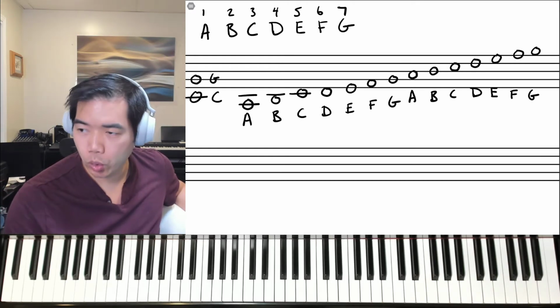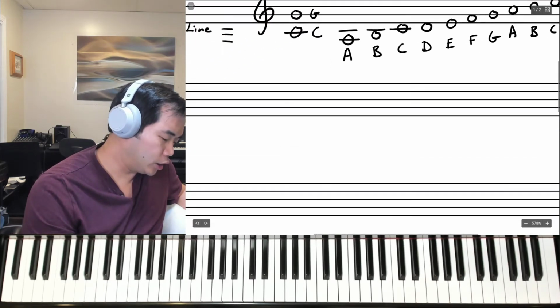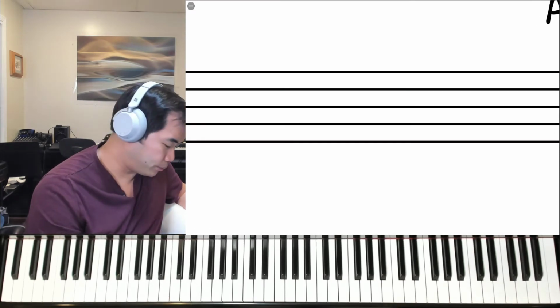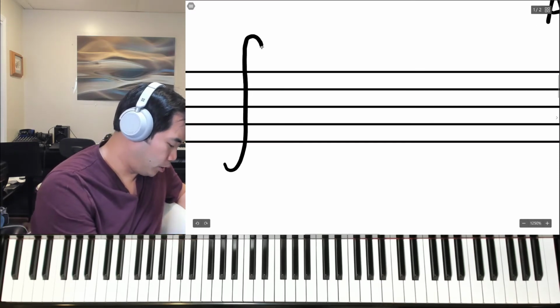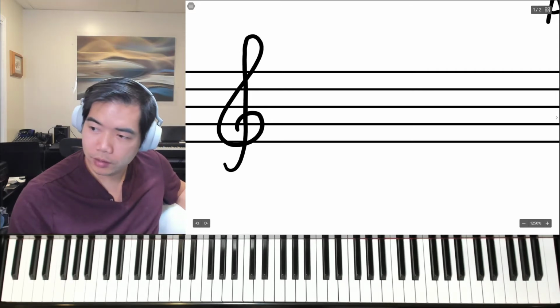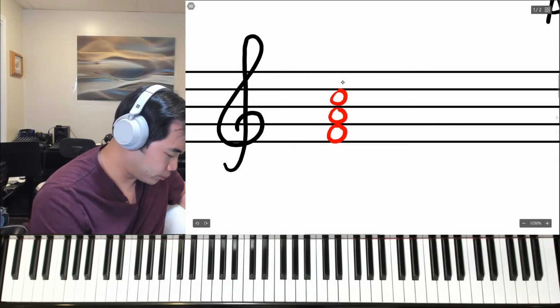Now, there are some shortcuts to learning how to read music a little bit faster, and I'd like to show you one that I think is pretty easy for treble clef. So I'm going to draw another treble clef here, and let's use a color. In this case, I'm going to draw 4 space notes.